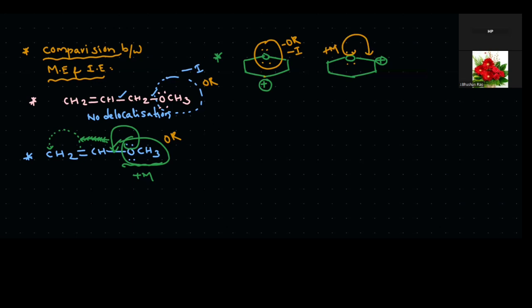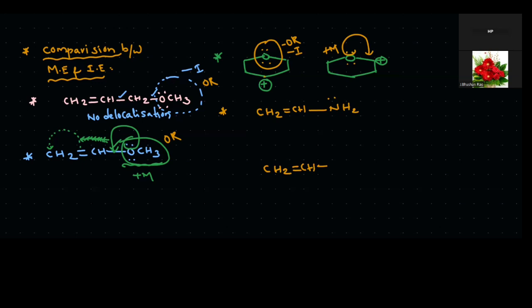If instead, another compound is given, suppose CH2 double bond, NH2 group given, it has a lone pair of electrons. Next, same as CH2 double bond CH, CH2 NH2 group is given.